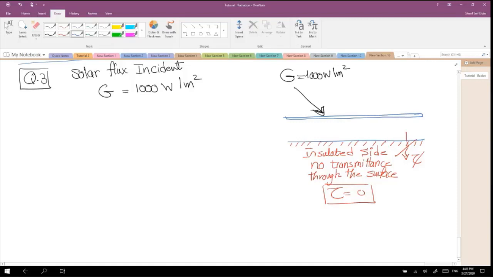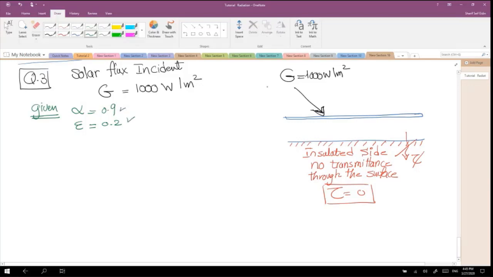So he's giving you, firstly, alpha, which is 0.9, and epsilon, which is 0.2. Right, so alpha and epsilon are given to you in the problem.